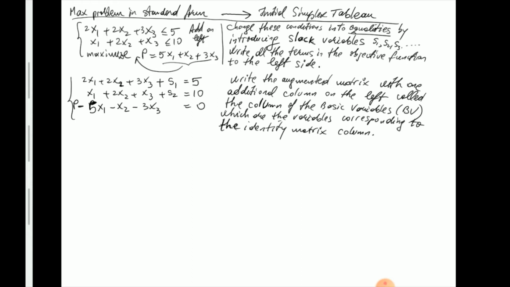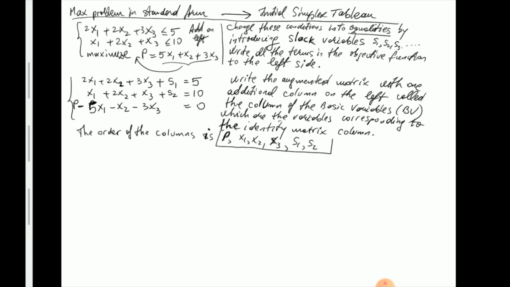The very important thing is that in this augmented matrix, the order of the columns is P, x1, x2, x3, s1, s2. So it's very important to write the columns of the augmented matrix with the variables in this order.